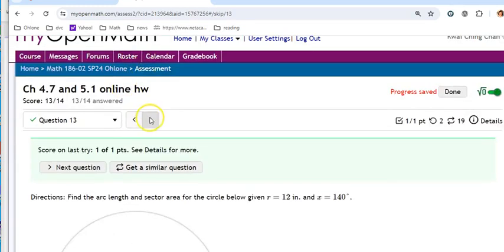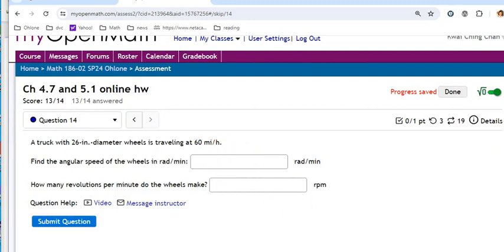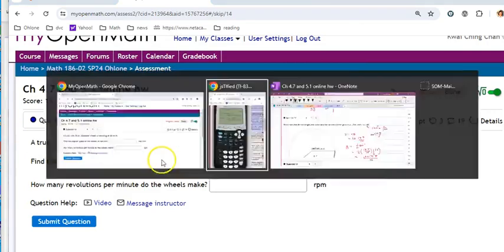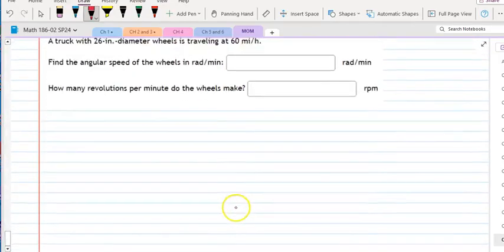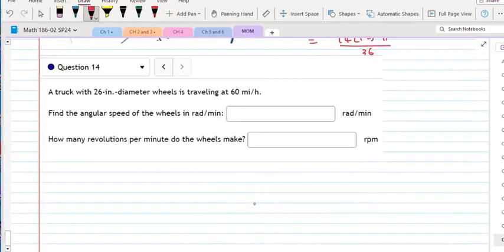Oh, okay. A truck with 26 inch diameter is traveling at 60 miles per hour. So once we know diameter, we automatically write down R equal to 13 inches. This is miles per hour. Find the angular speed, 60 miles per hour. So that's V. So we want an angular speed in radians per minute.